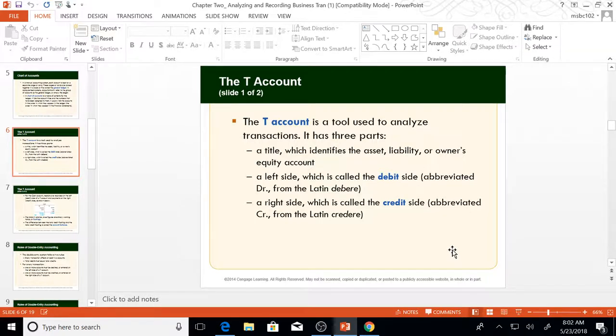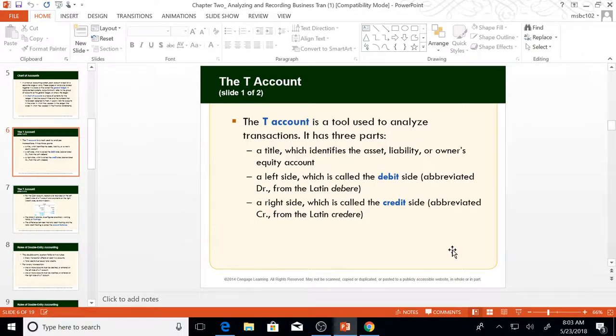Okay, now we will continue with chapter 2, and we will start with the T account. The T account is a way to sum up or to know where you are for some specific account. For example, if I want to see how much is my balance in cash, or how much is my balance in accounts receivable, I would use a T account.